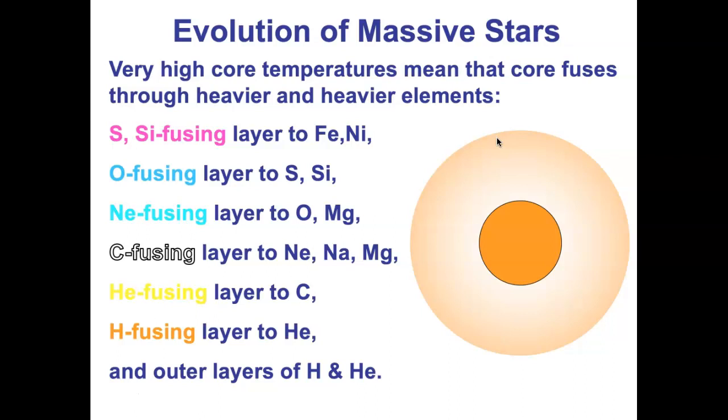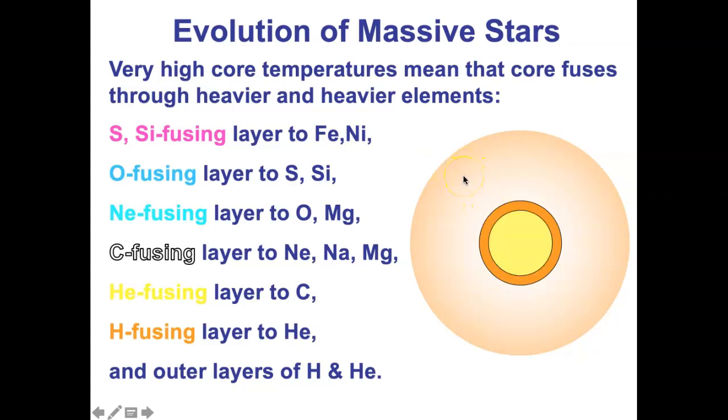It has layers inside of it. While that star is a main sequence star, you've got hydrogen fusing into helium in the core, and the outer layers of the star are just inert, hot hydrogen. That's the main sequence.